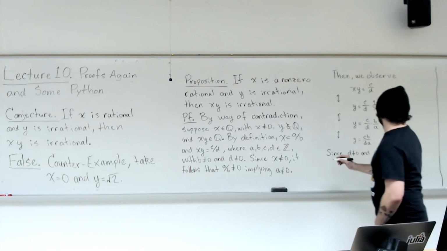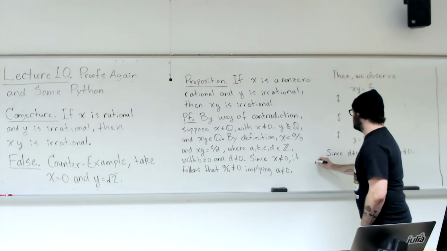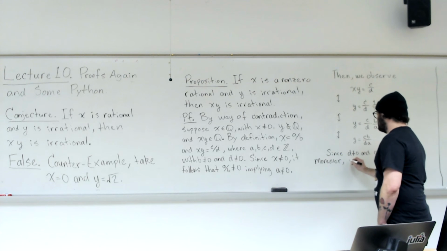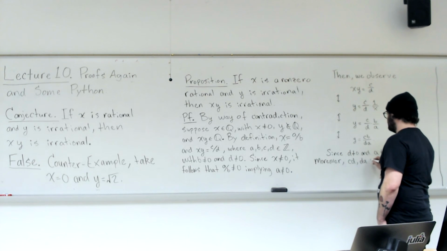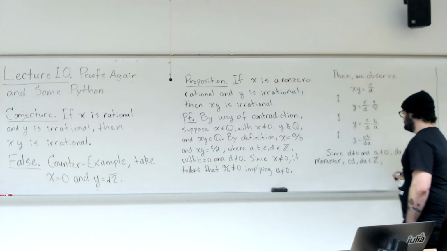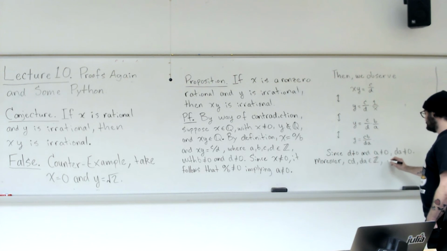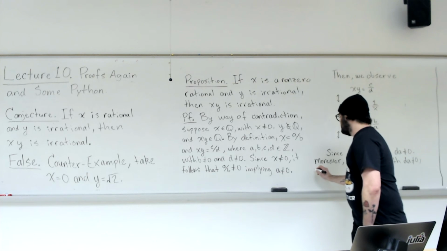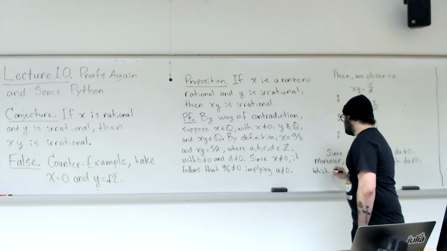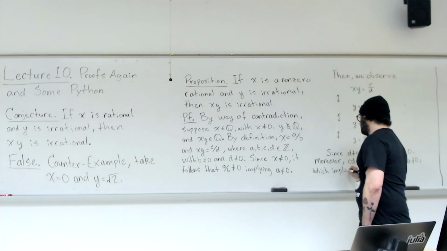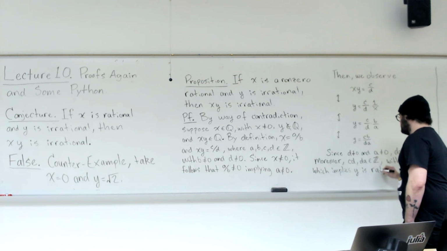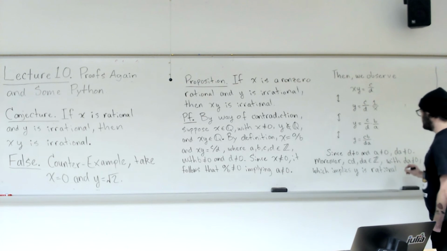So moreover, CB and DA are integers, with, again, maybe I'll just remind the reader, DA not equal to 0, which implies Y is rational. A contradiction.